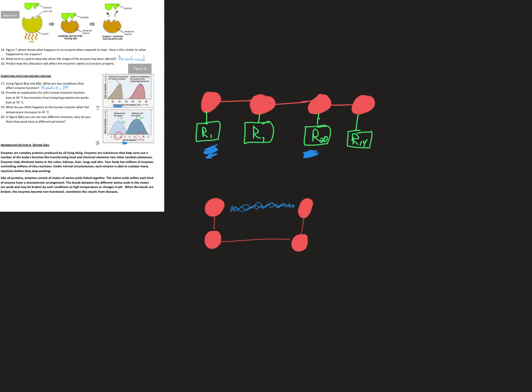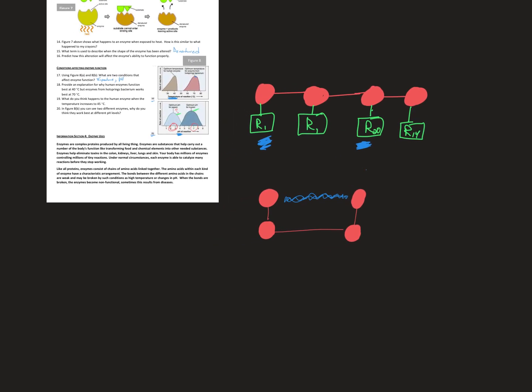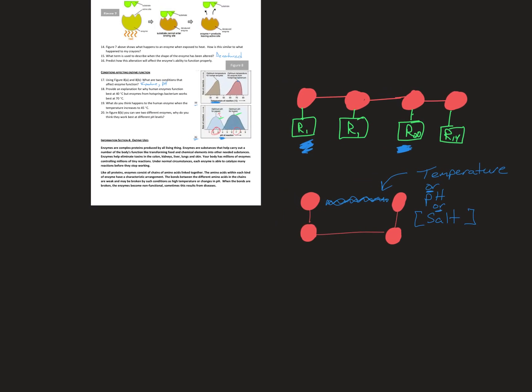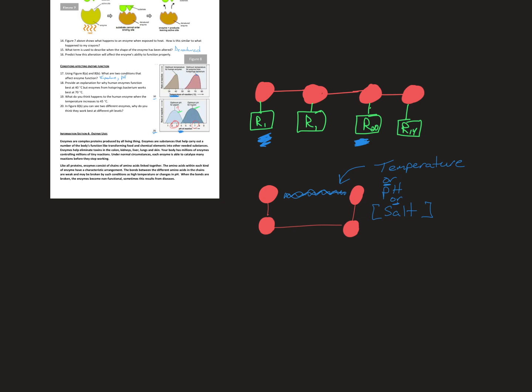That shape is what we've been talking about. This shape, this attraction can be impacted by temperature, or by pH, right? Or by salt concentration. So all these things can impact the shape of that protein because the hydrogen bonds can be impacted by that.